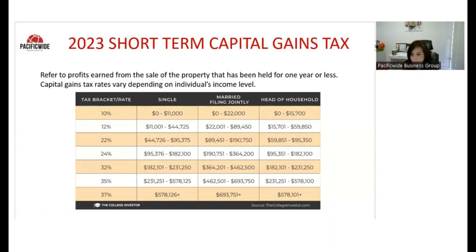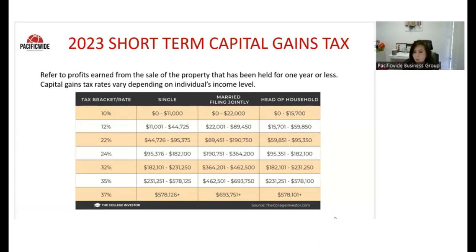We didn't just go down and read it, but look at the last row of the table. For the short-term capital gains tax, the maximum rate is 37%. And by the way, this table is up to date for 2023.